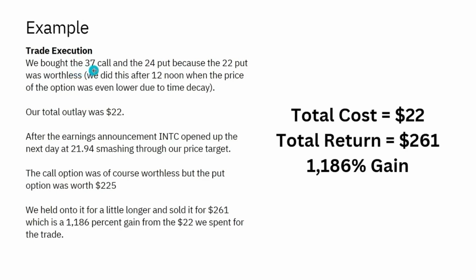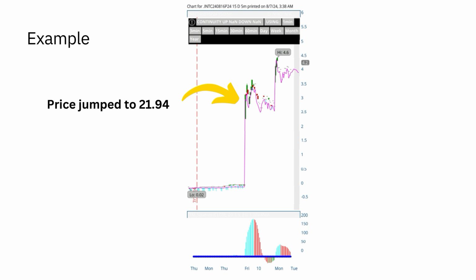We bought the 37 call and the 24 put because the 22 put was worthless. We placed this trade after 12 noon when the price of the option was even lower due to time decay. Our total outlay was $22. After the earnings announcement, Intel opened up the next day at 21.94, smashing through our price target.